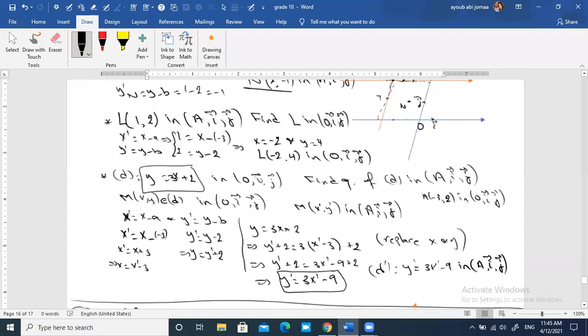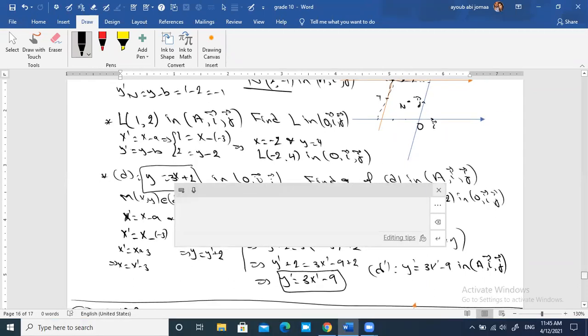Yes, x prime equals x minus a and y prime equals y minus b.